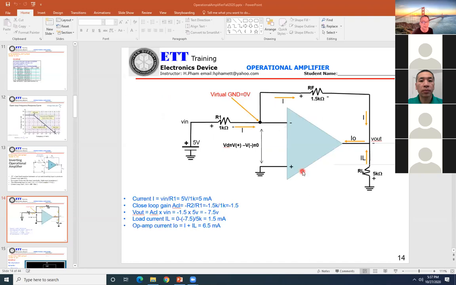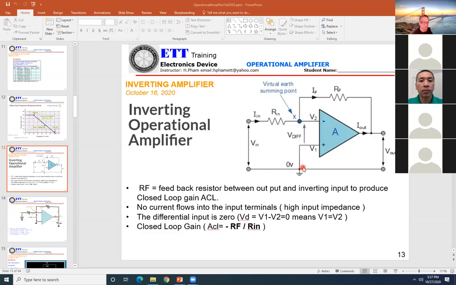Mr. Pham, going back there, I've got a question. Vin, when it goes in at Vin, whatever voltage goes in will go past that virtual earth point, right? If that is 0, because V1 is grounded to 0, then X should be 0. So how is that?